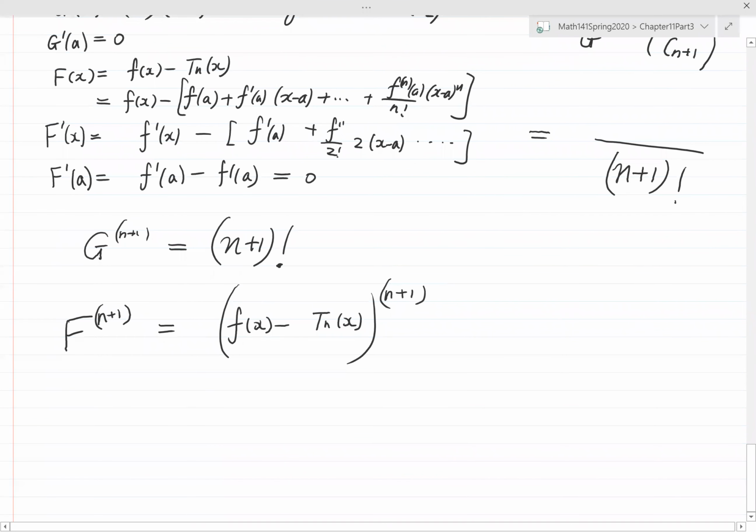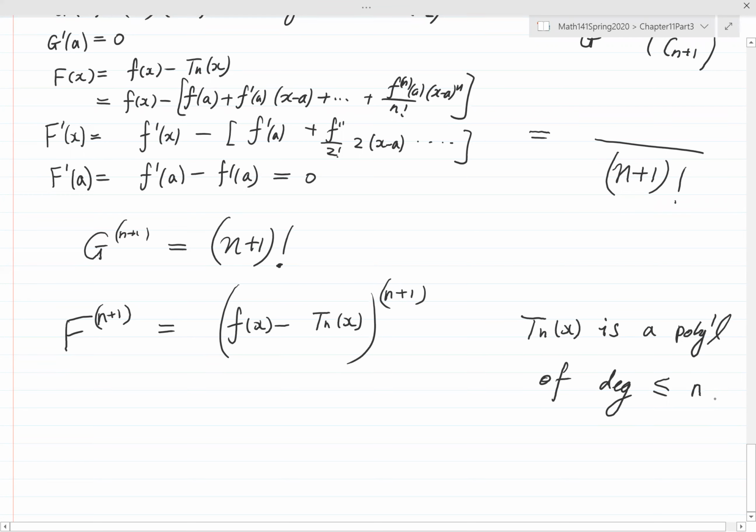Now Tn, if you look at the formula for Tn, is a polynomial of degree at most n, degree less than or equal to n.